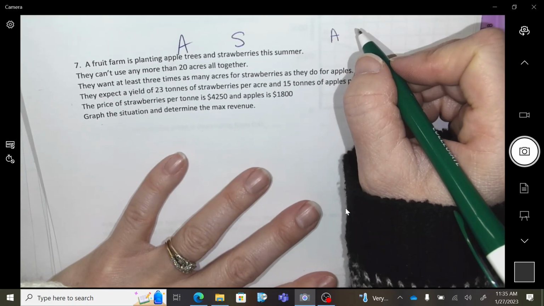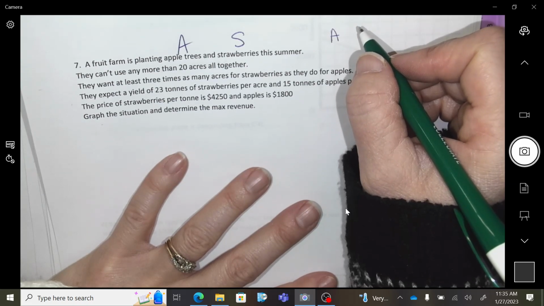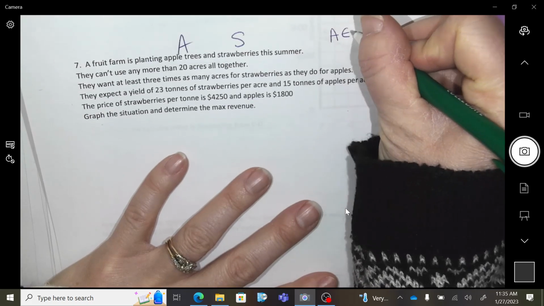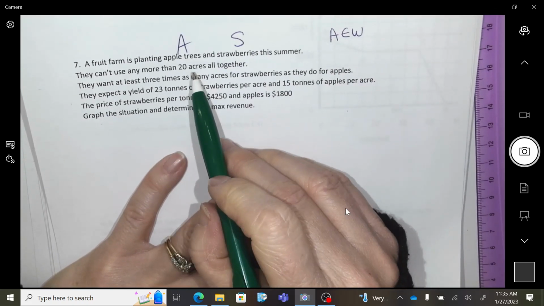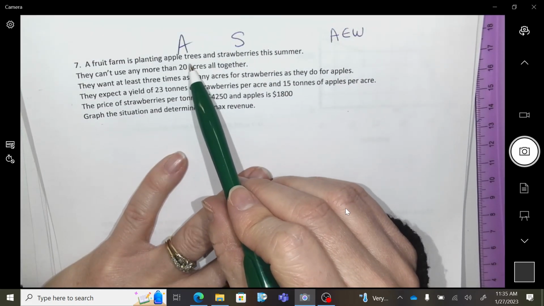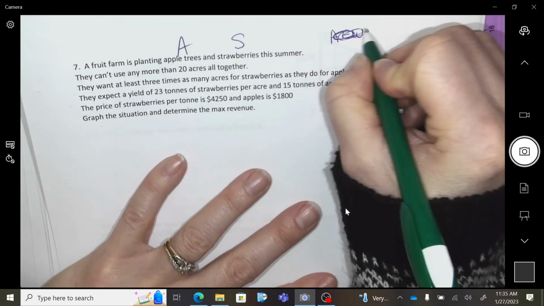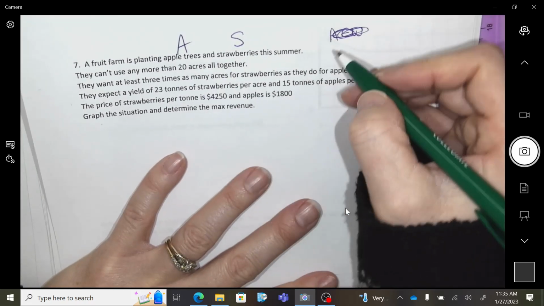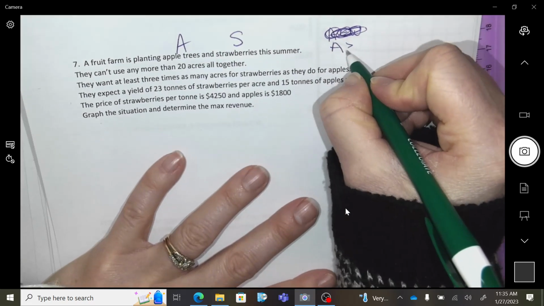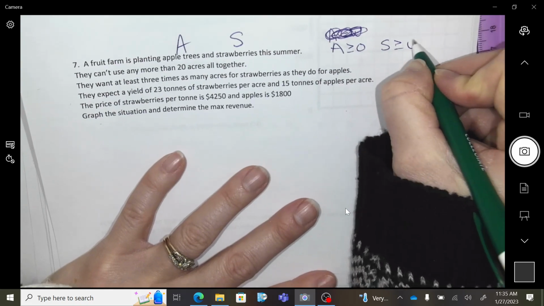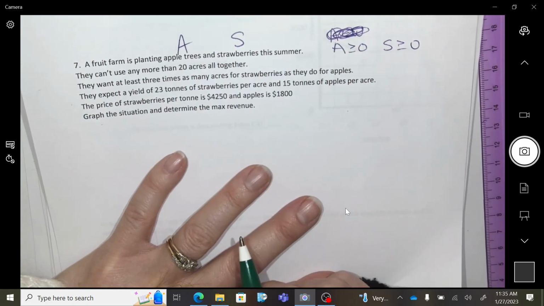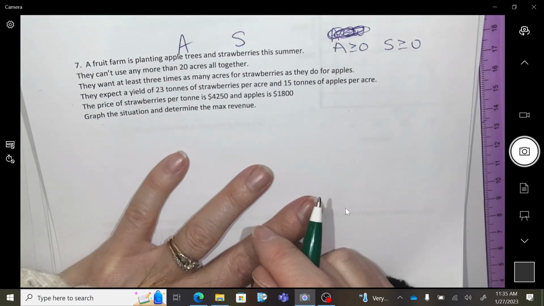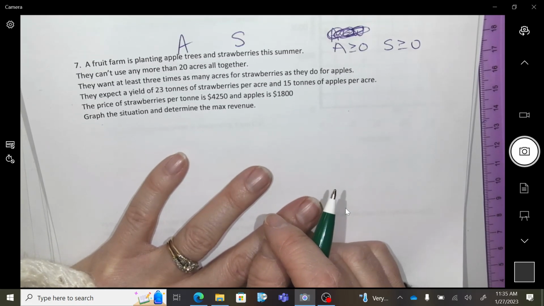Can't have negative apple trees. Could you have 2.5 apple trees? So they have to be, oh, yep, acres. I was looking at apple trees. Can't use any more acres altogether. Strawberry acres, apple acres. So yep, so we're switching that to just being greater than 0 or equal to 0. Because you can have 1.5 acres.